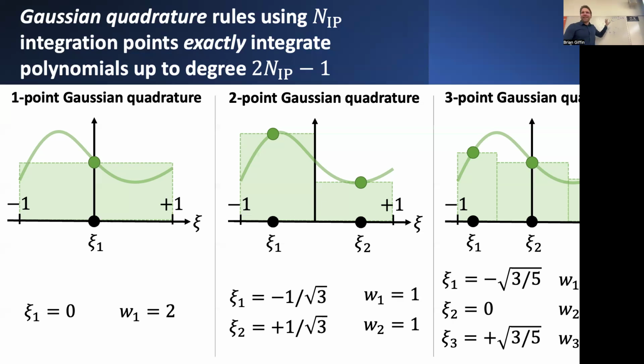And if I know ahead of time that the function that I'm trying to integrate is itself a polynomial of finite degree, then in order to ensure that I actually exactly evaluate that polynomial, all I have to do is choose an appropriate number of Gaussian integration points, and I'll guarantee that I'm going to exactly integrate that function.